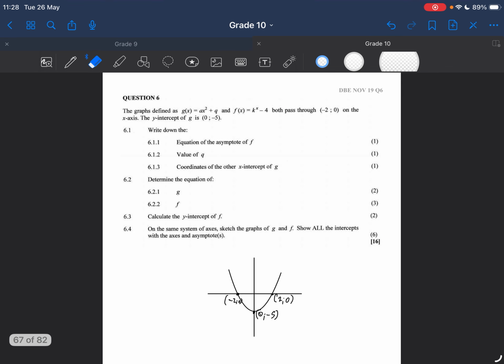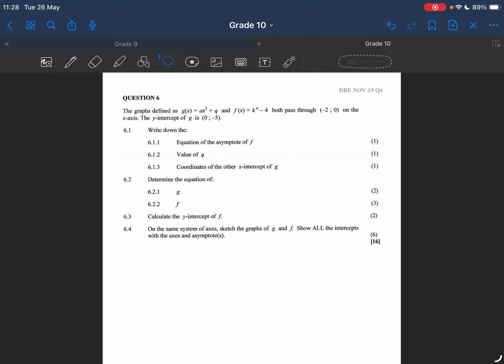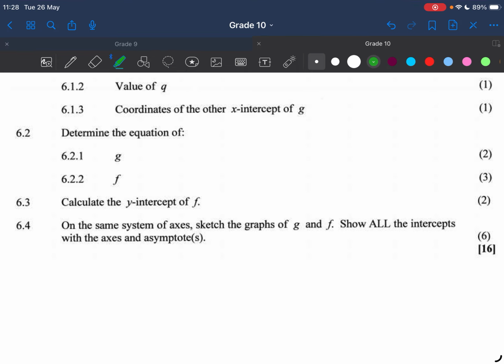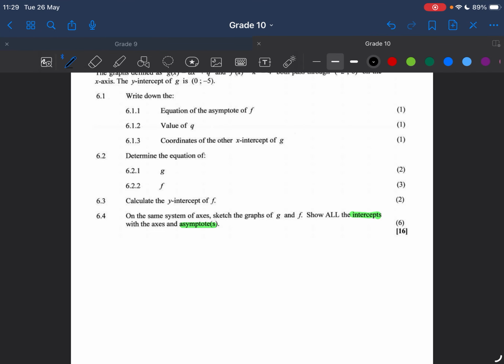The last question says sketch both graphs on the same axis. All right, so I'm just going to delete that. We're going to remember a couple of things. If they want all the intercepts, they want the asymptotes. So that's what we're going to make sure to include, whatever they wanted.